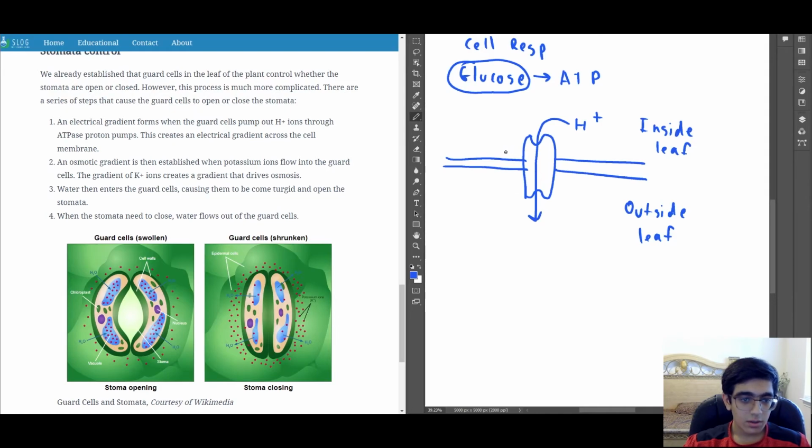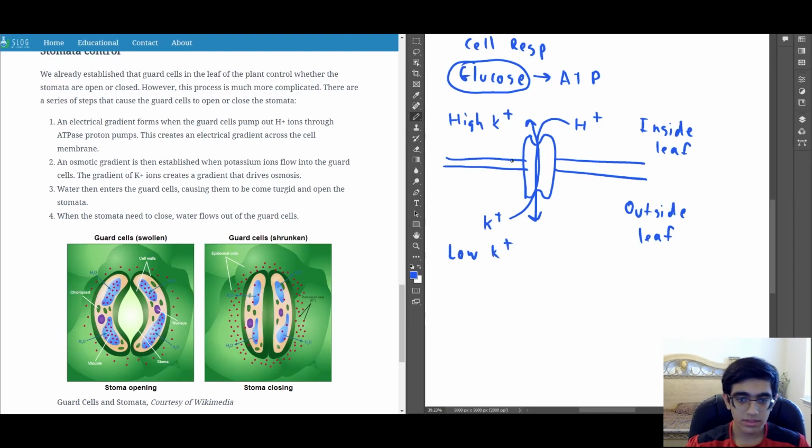And then potassium ions would flow into the guard cells. So this gradient of potassium, there's a high concentration of K plus in here, and a low concentration of K plus here.